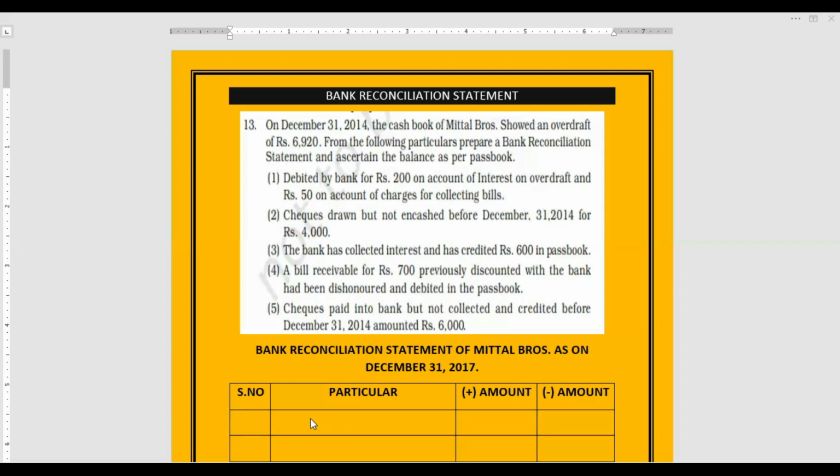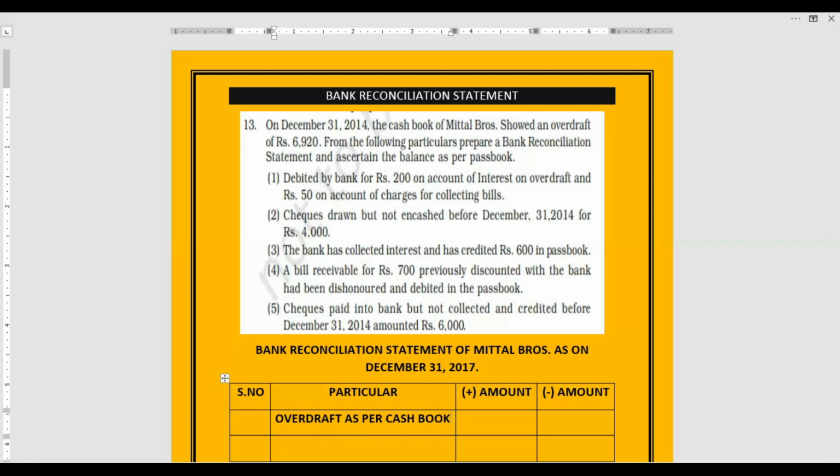So first, we have to start with overdraft as per cash book.